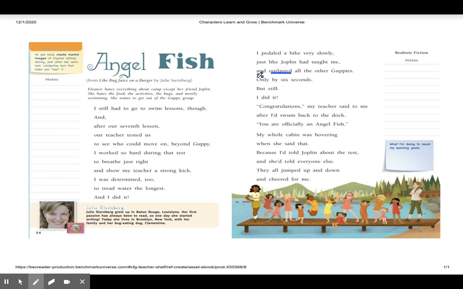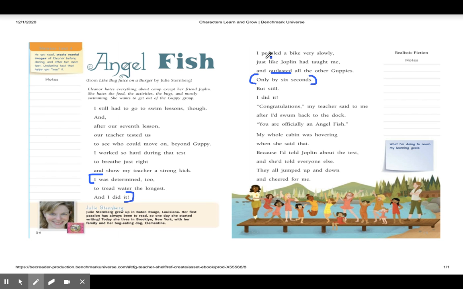So I'm going to look forward, and I see that only by 6 seconds is a time. And if I go back here, I see that she says I was determined to tread water the longest, and I did it. So that gives us a little more context.